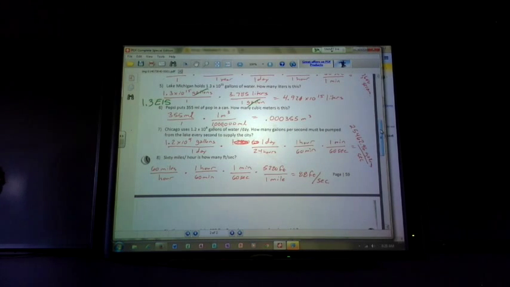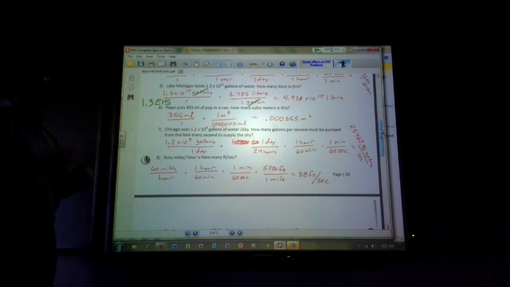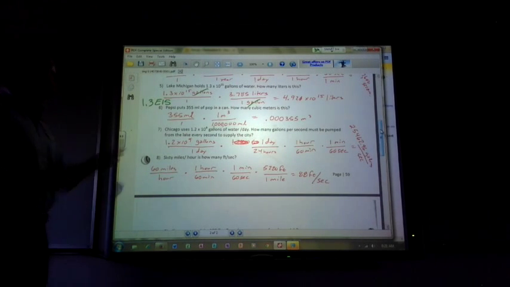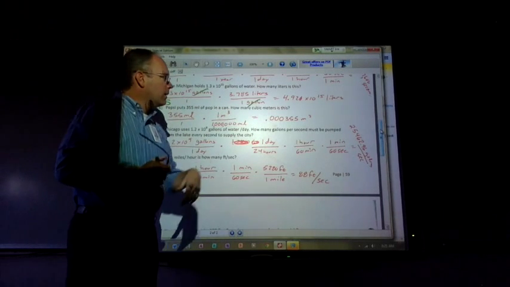It's the second function of the key right above the 7. You just push second EE: 1.3, second EE, 15. And then if you multiply this times this, it comes out to roughly 4.921 times 10 to the 15 liters.